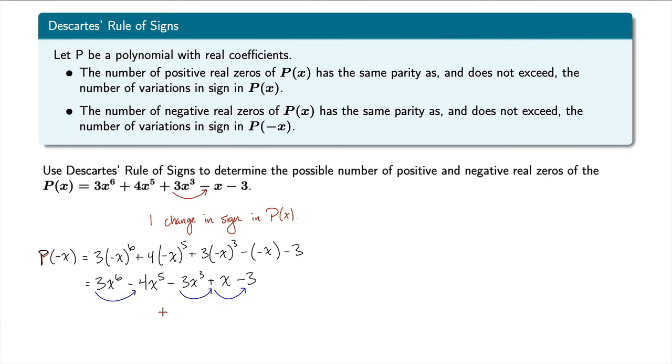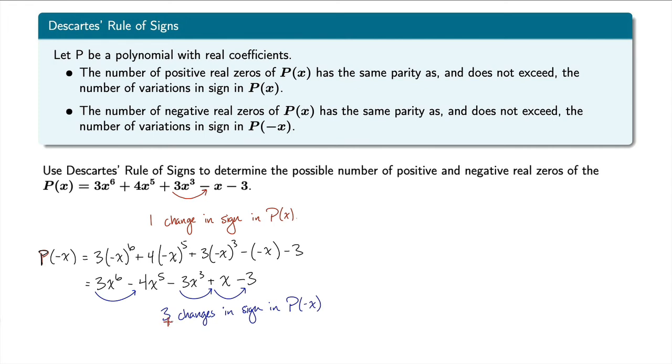So I have 3 variations in sign in p of negative x. Descartes' rule of signs says the number of negative real zeros has the same parity as that, so odd, and does not exceed 3.